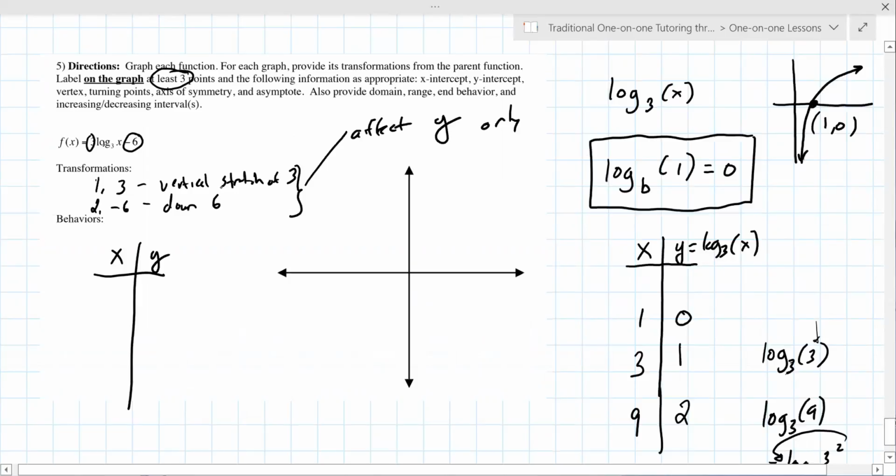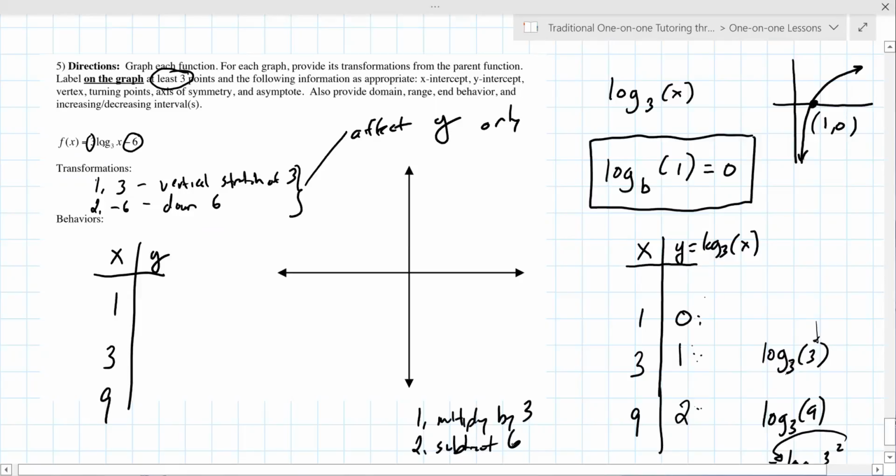The reason this is helpful is for your graph. These transformations only affect the y, so you can use the same 3 x values. But you have to know how they affect the y. A vertical stretch of 3 means you're multiplying these y values by 3. Then down 6 means you're subtracting 6 from each of them. So you have to do 2 things: first multiply by 3, and second subtract 6.